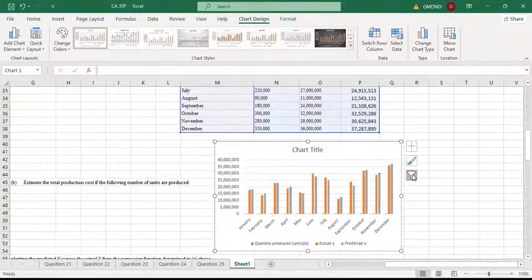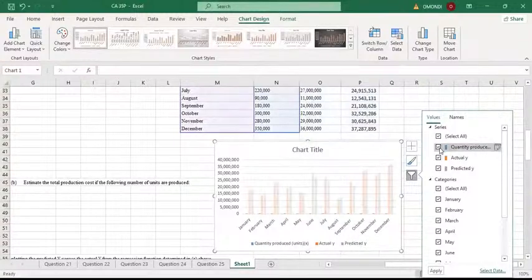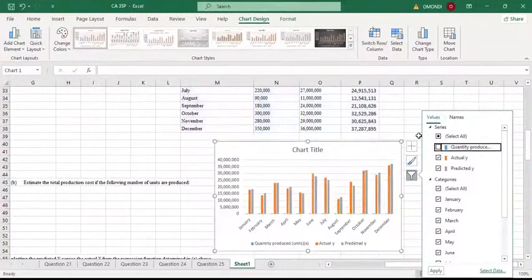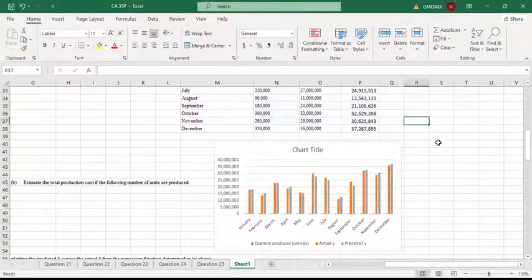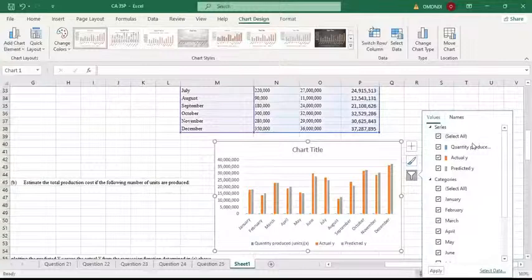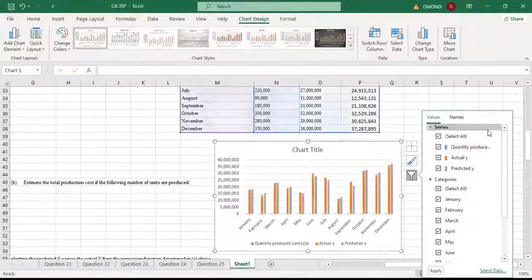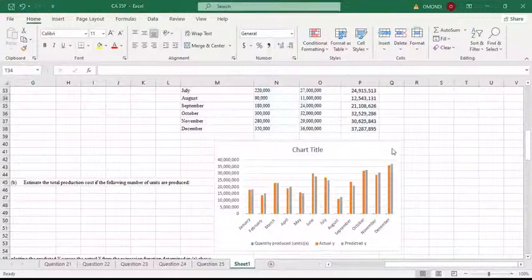I come to this point and filter. So these quantities produced, I don't want it. I want to compare actual Y and predicted Y. Actually, you can even do away with the quantities produced at that point where we are selecting the data.